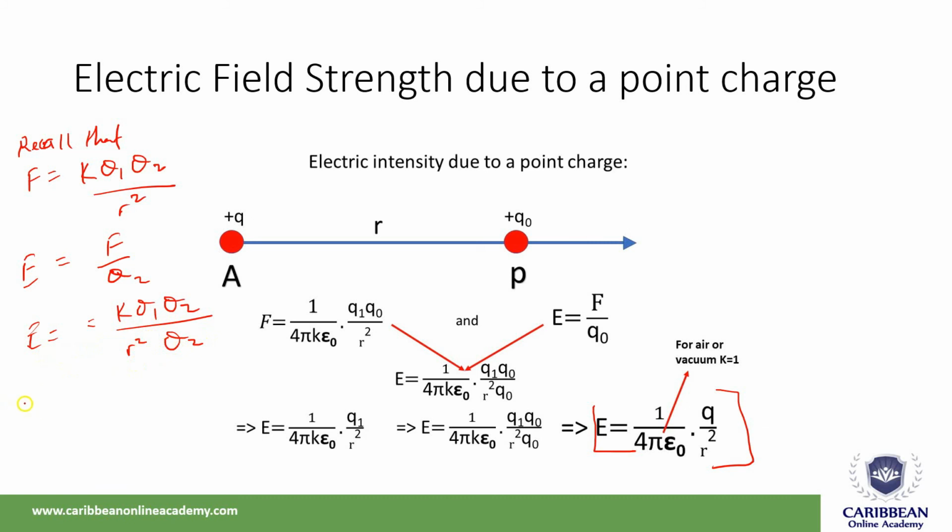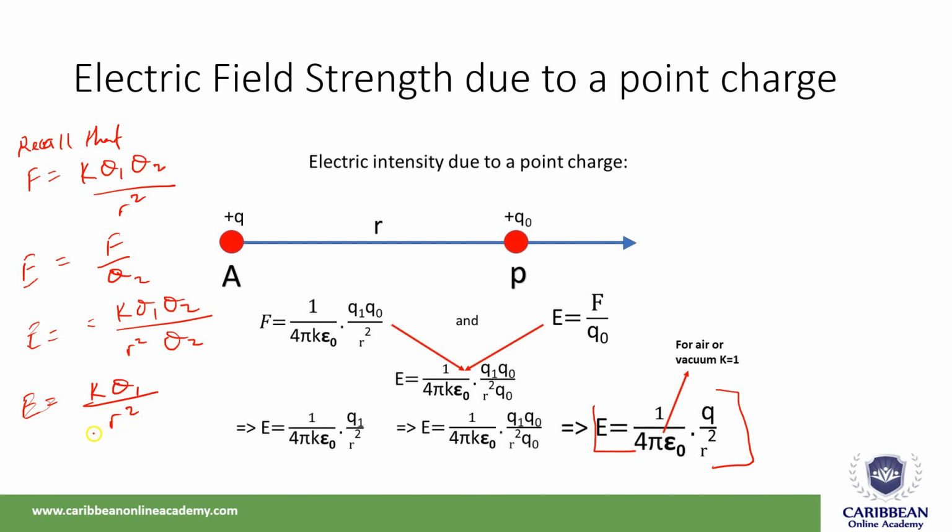So we end up with this equation that says the electric field strength is equal to K times Q1 divided by R squared.